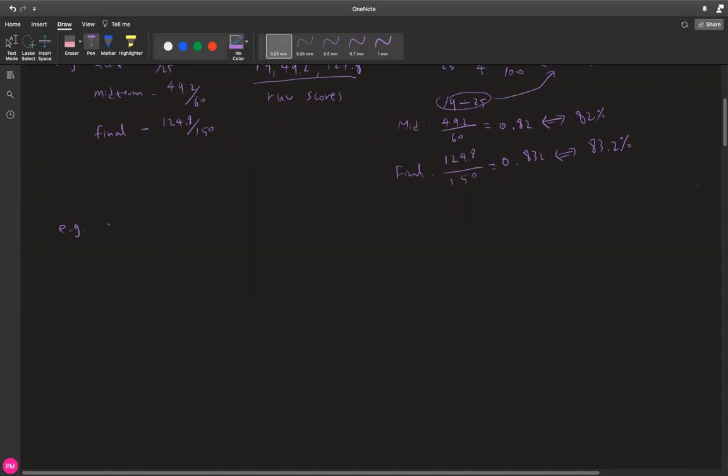So let's say you ate at a restaurant with a friend, and suppose that the final bill at a restaurant came out to be, let's say, $50. So you ate $50 worth of food there.